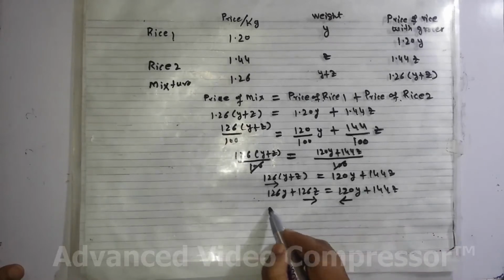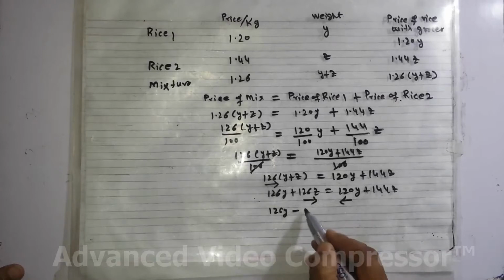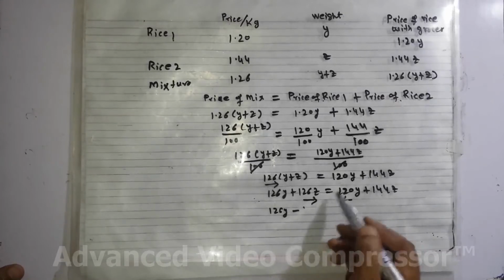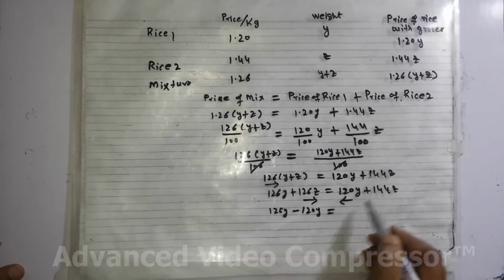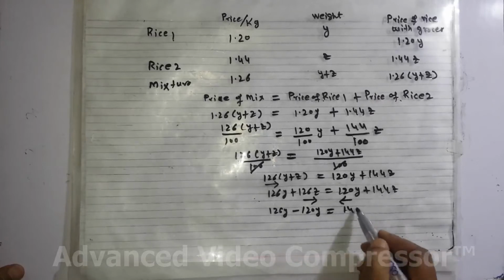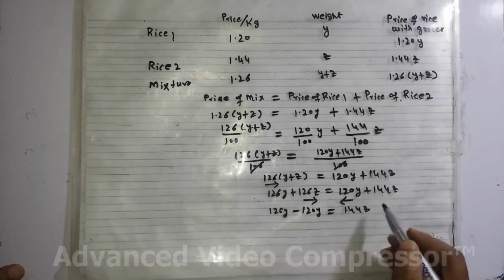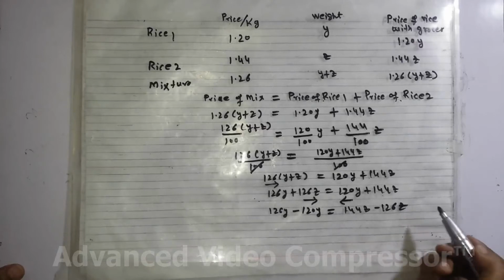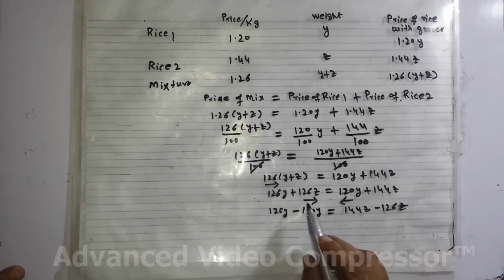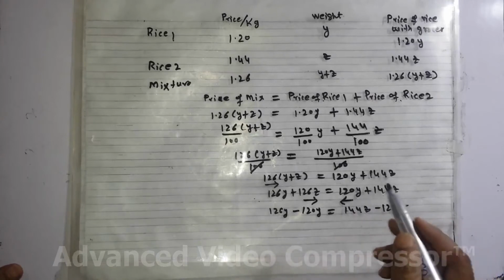We get 126y, and this term comes here as negative, because the sign changes when it moves to the other side of the equal sign: minus 120y. The same way here we write 144z first, and this term goes there, it changes its sign and becomes negative 126z. This is the rule of algebra. When the terms move to the other side of the equal sign, they change their signs.